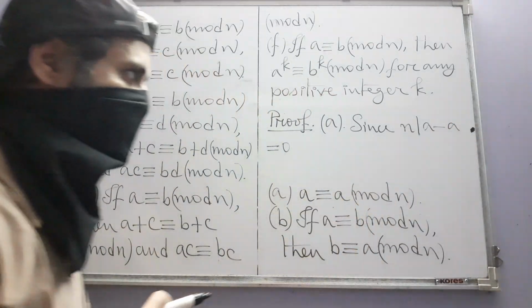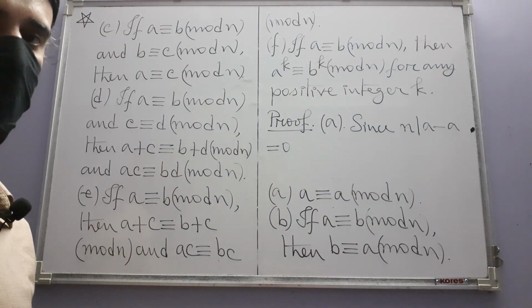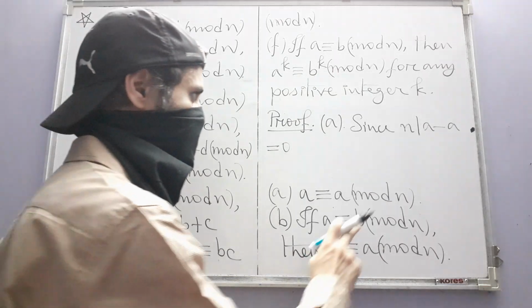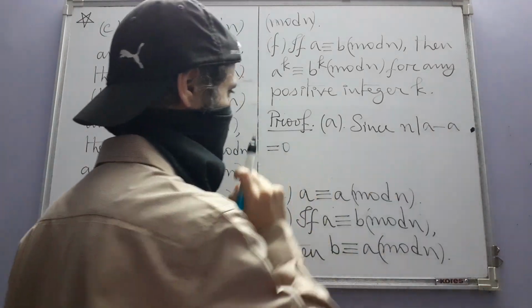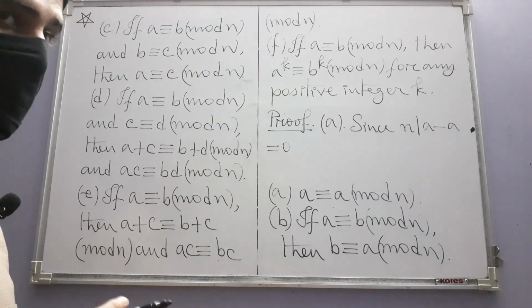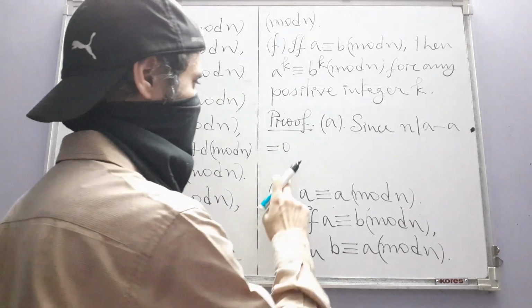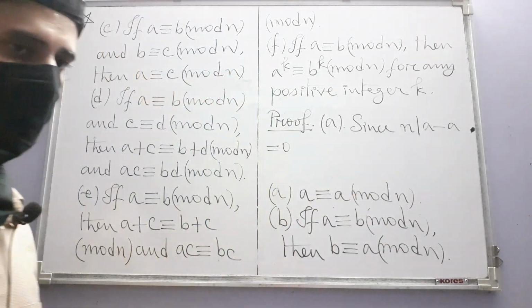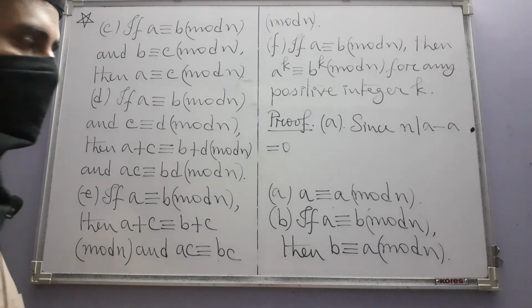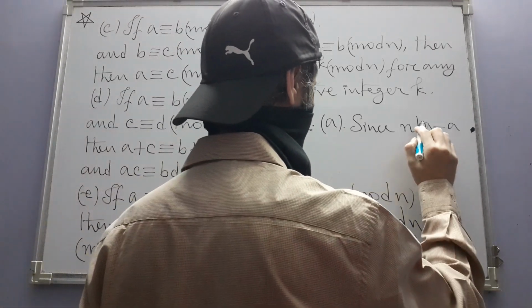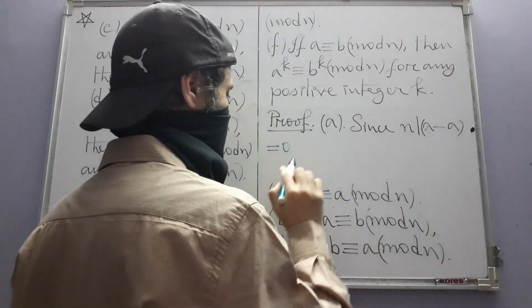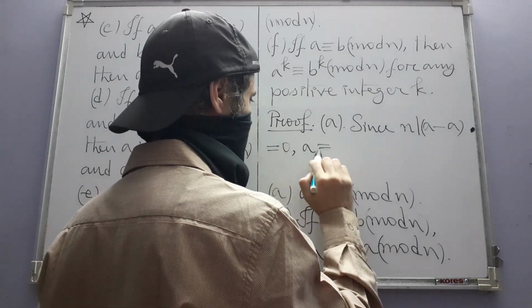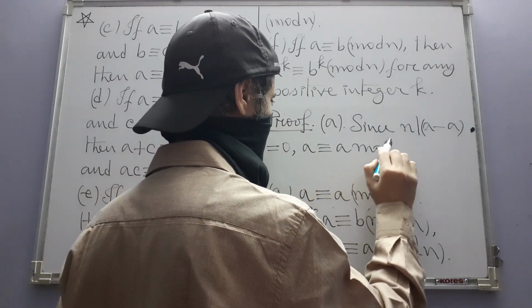Actually we should not write like this, but people do write for the sake of brevity. This is not how we should write. We should write like this: n divides 0, and so n divides A minus A. But you get the point. So that is why A is congruent to A mod n.